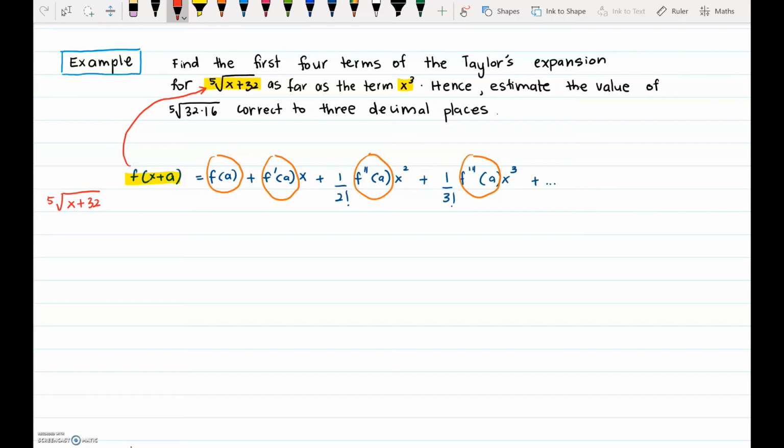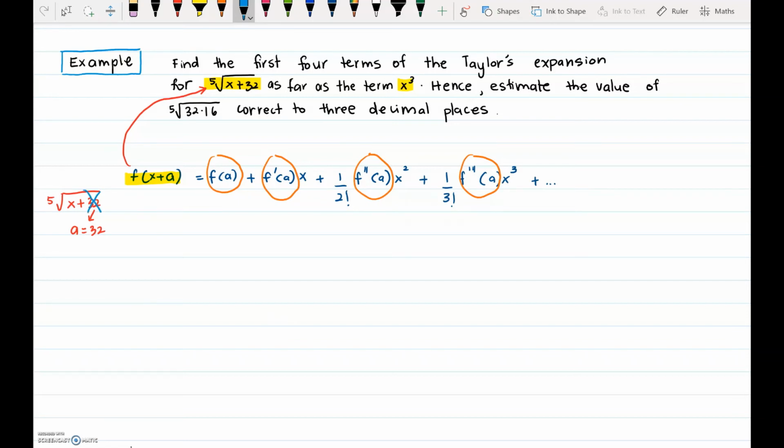Okay, so in this case, what is your a? Yes, your a is 32. All right, okay. Since we want to find your f(a), meaning we want to find what is your f(x), so to find your f(x), you can eliminate the a from the original function. So here we have a is 32, so eliminate your 32.